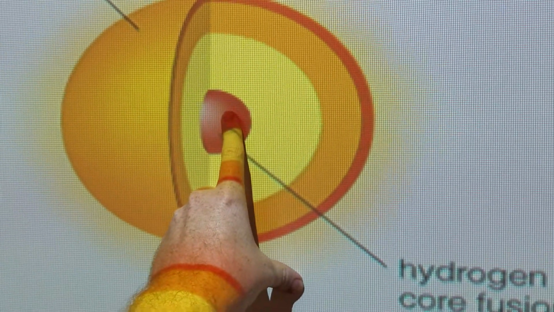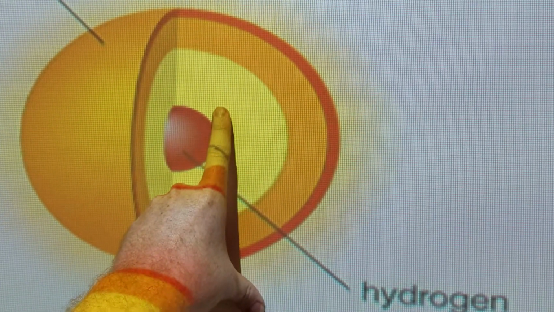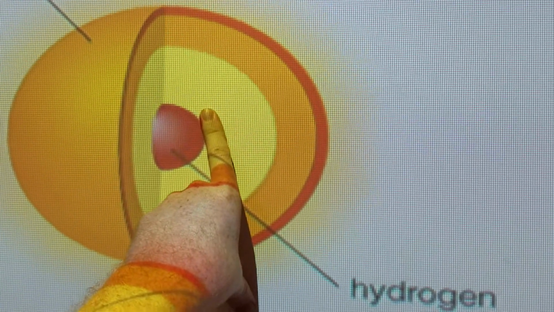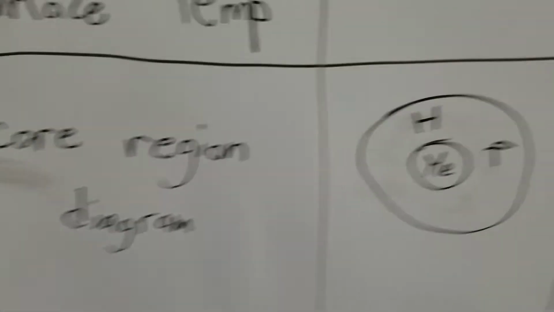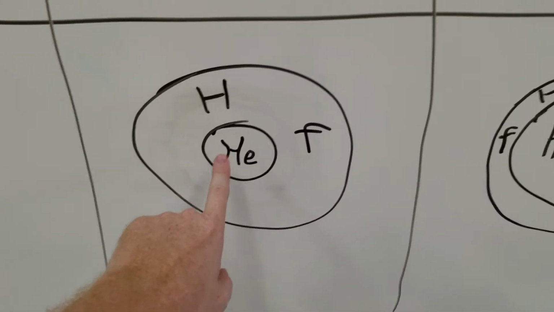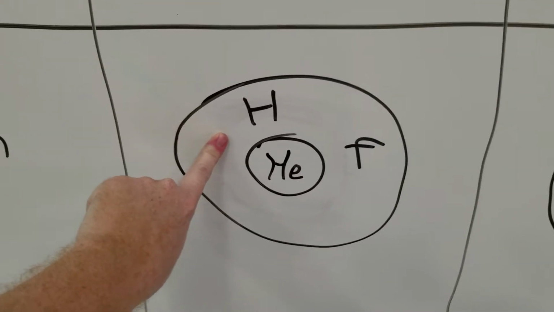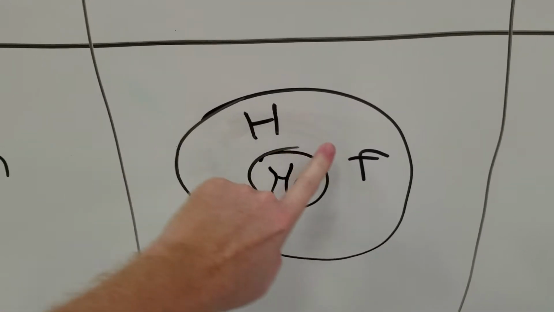But if we just crushed the core and made extra heat in the core, then the area around the core can start fusing. So that means during this next stage, the core itself is made out of helium, because that's what you make out of hydrogen fusion. And there's going to be a shell around it where hydrogen is fusing.